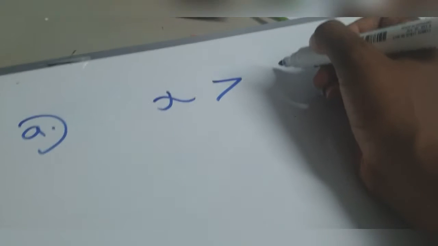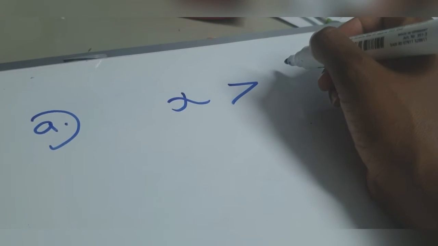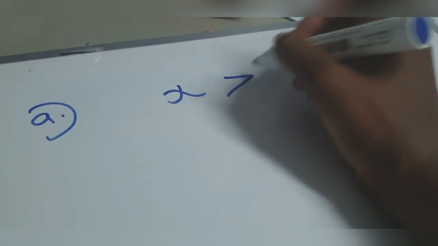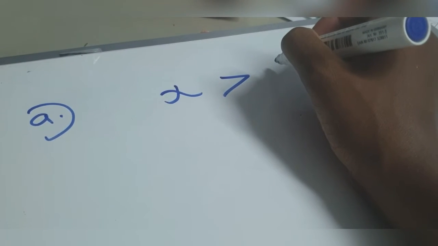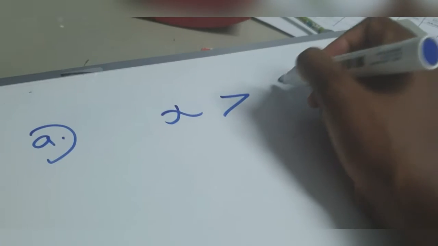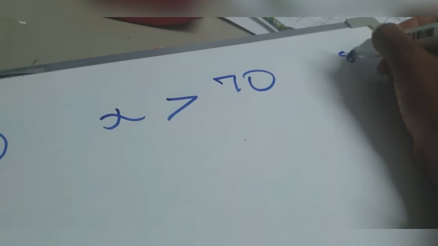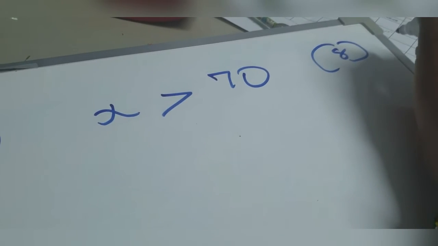X's mass and Niti's mass are x kg and 70 kg respectively. X weighs more than Niti. So we have the sign is more than. Both their masses have increased by 8 kilograms. Increase means plus.